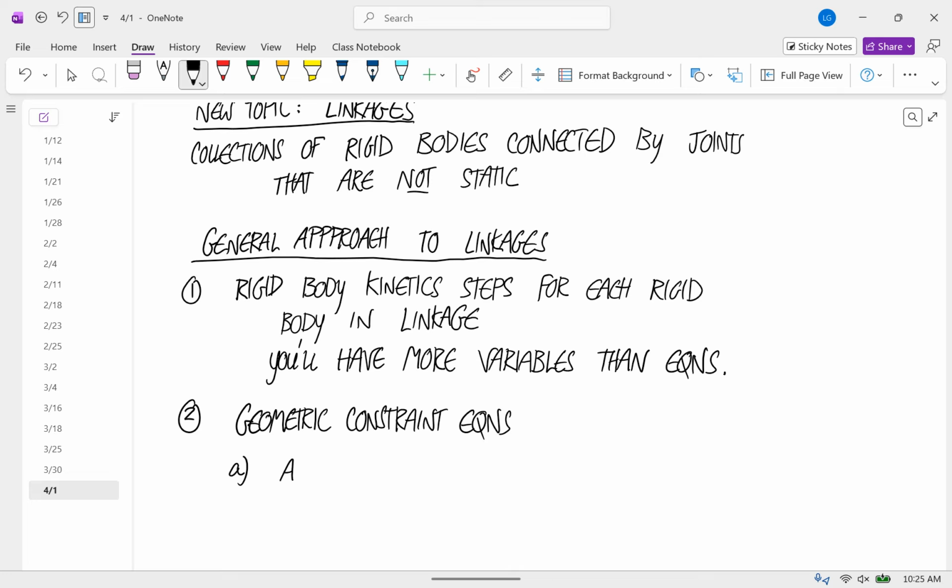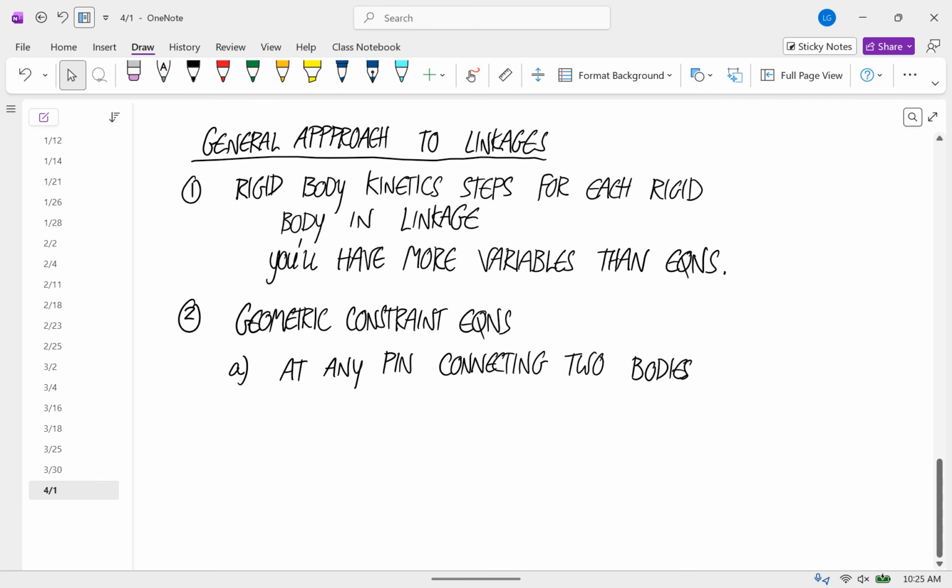And so at any pin connecting two bodies, you need a constraint that says the acceleration of the point where the pin is, according to body one, has to equal the acceleration where the pin is, according to body two.